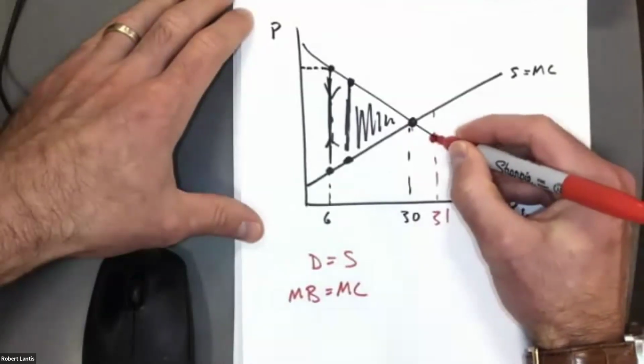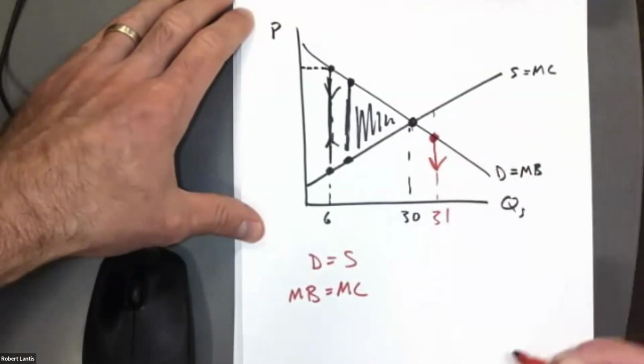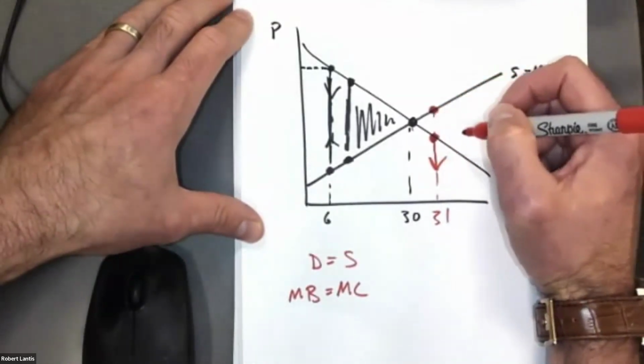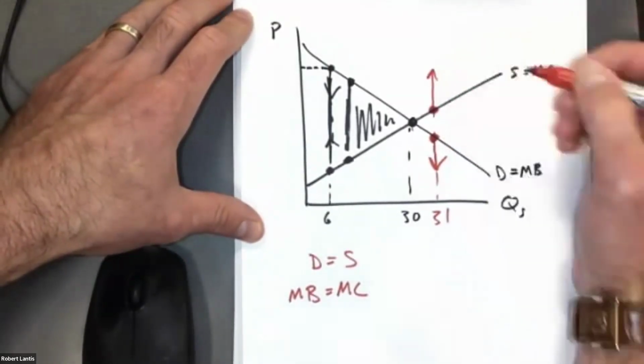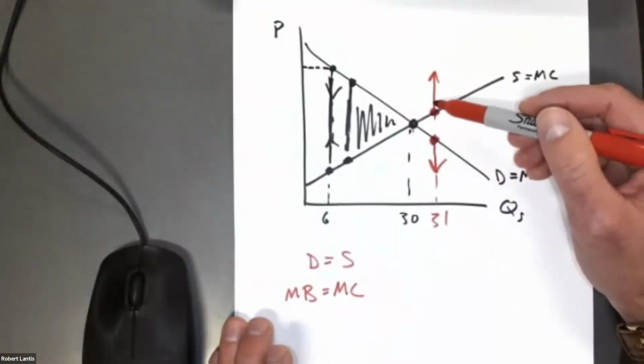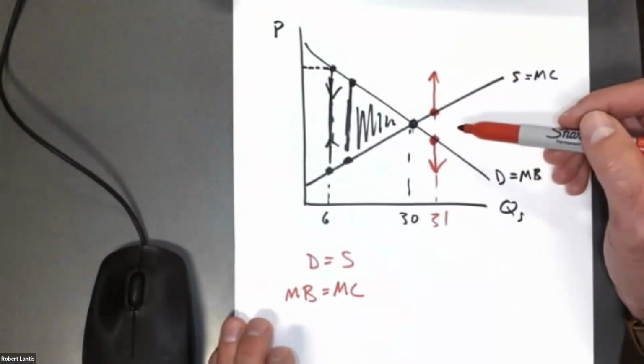It would have to be a price that was equal to this or somewhere below. Well, how much is the producer willing to accept? It would have to be this price or something above.